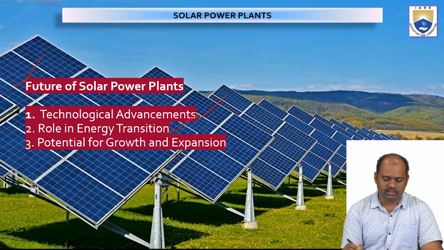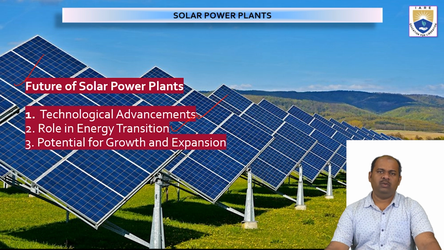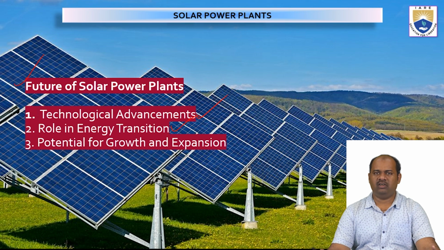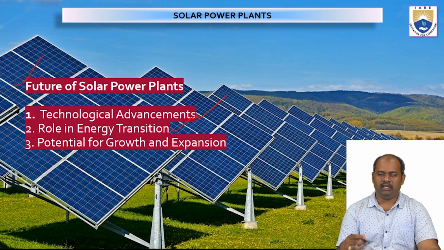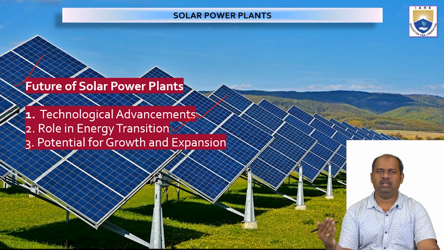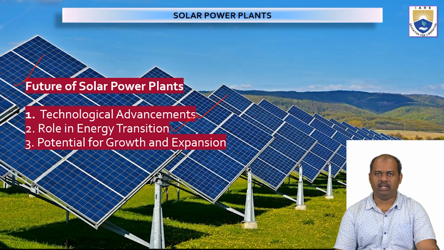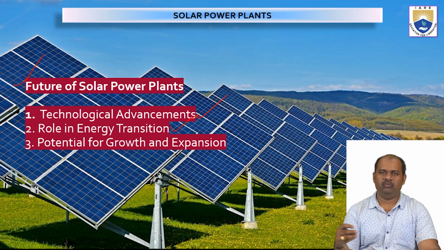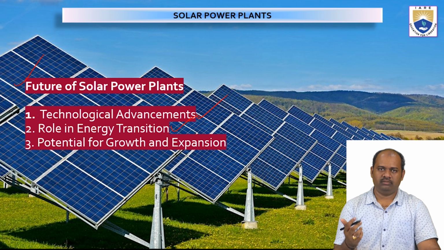Next, the role in energy transition. We see that the conventional energy sources on Earth are being depleted, decreasing day by day. They are being exhausted. So we should move to a more convenient, more resourceful renewable energy source where we can get maximum efficiency without giving large input.